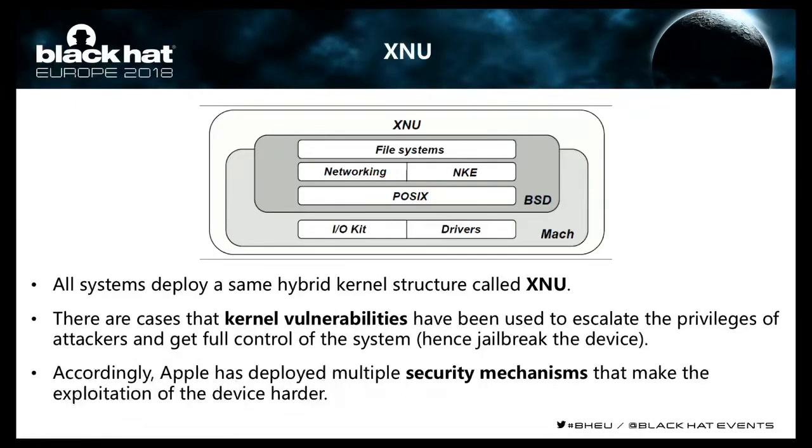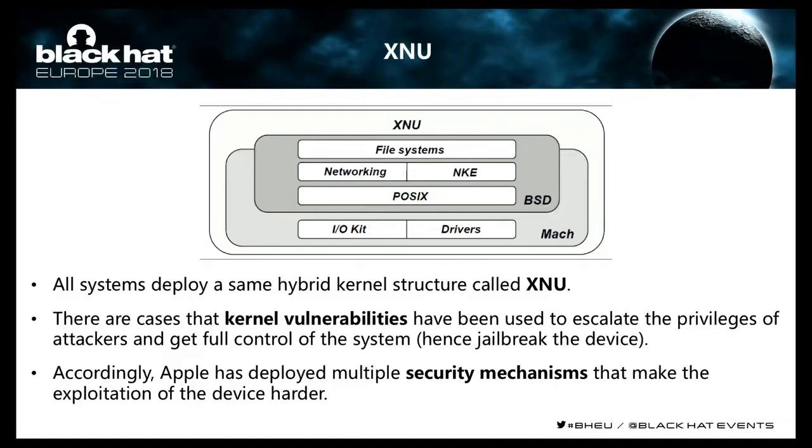Unfortunately, as fuzzing and analyzing techniques advance, the number of vulnerabilities in XNU has increased rapidly in recent years. There are cases where kernel vulnerabilities have been used to escalate the privilege of attackers and get full control of the system. For example, to jailbreak the device.